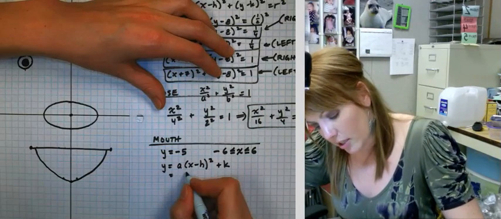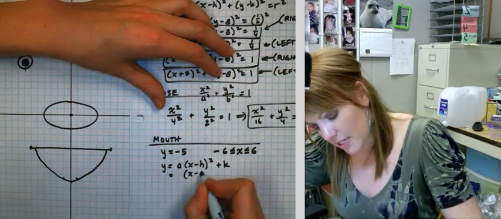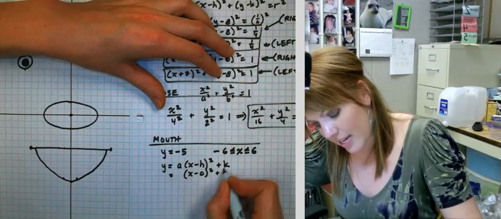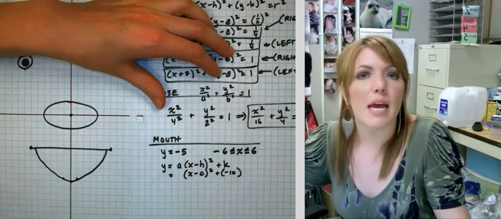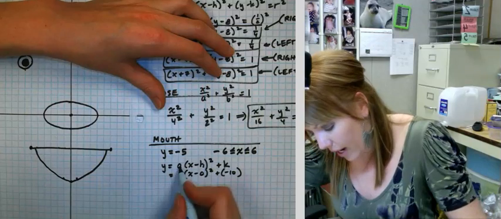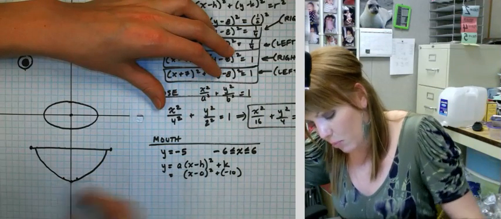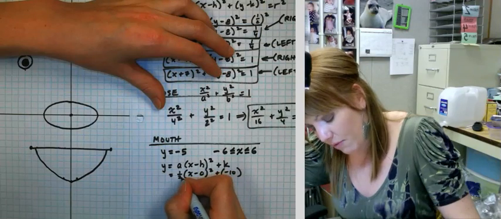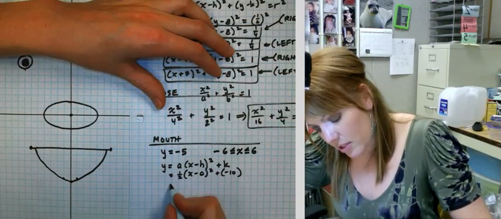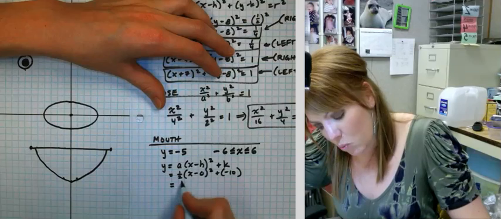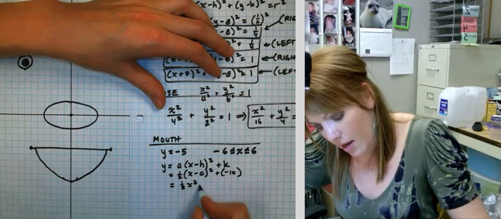So we go ahead and put that in. X minus 0 squared plus -10. That's the k piece. And then our a, remember that's the part where we went right one, up 1/2, left one, up 1/2. So our a is positive 1/2. So the way that this looks after it's fully simplified is 1/2 times x squared minus 10.